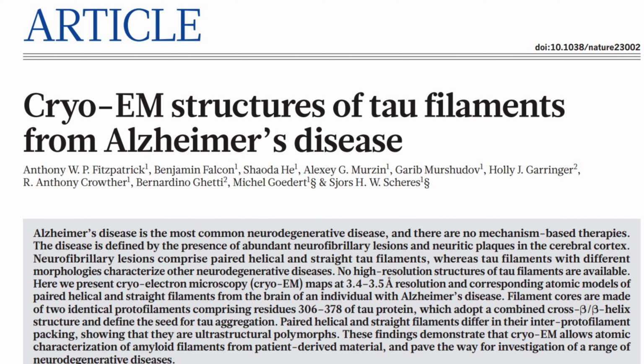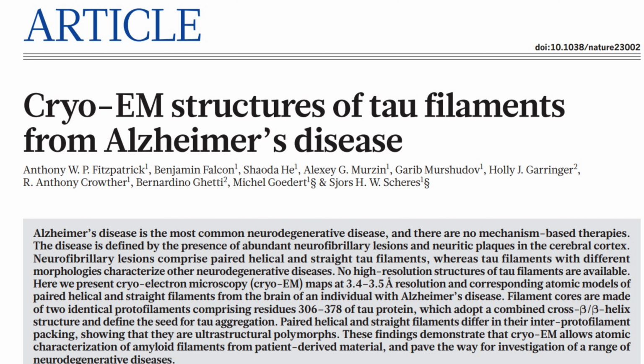Here we present cryo-electron microscopy, cryo-EM, maps at 3.4 to 3.5 angstrom resolution and corresponding atomic models of PHFs and SFs from AD brain. Filament cores are made of two identical protofilaments comprising residues 306 to 378 of tau, which adopt a combined cross-beta-beta helix structure and define the seed for tau aggregation.